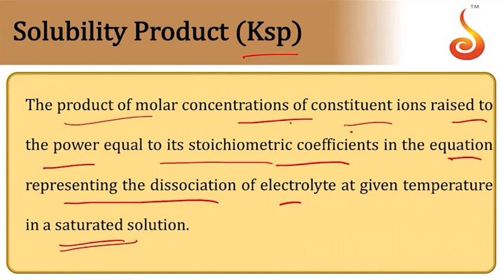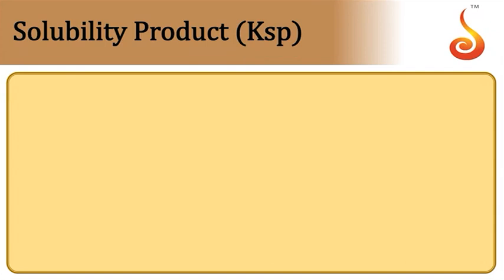The product of molar concentrations of constituent ions raised to the power of stoichiometric coefficients in the equation representing dissociation of the electrolyte at a given temperature is called the solubility product. Let us take a compound like BaCl2.